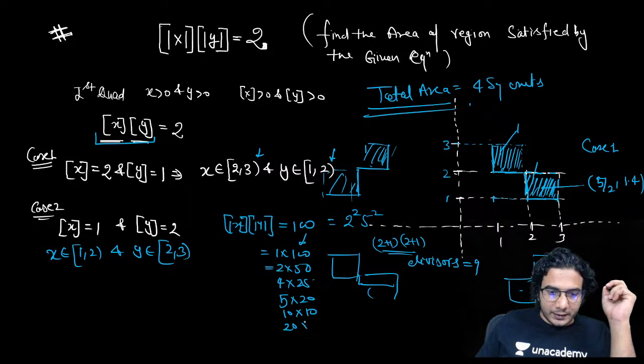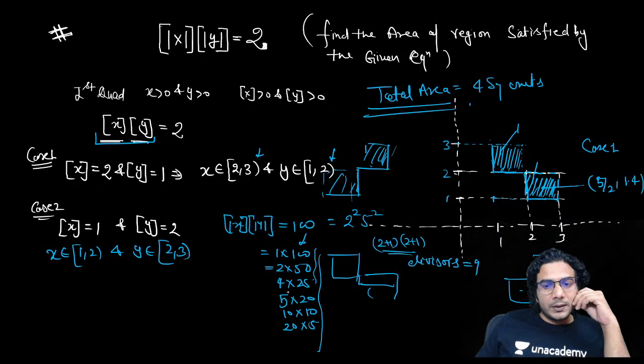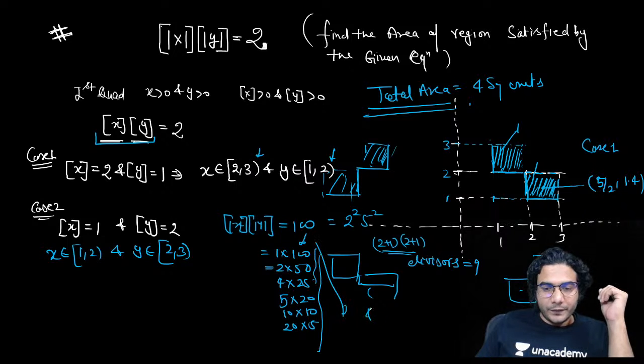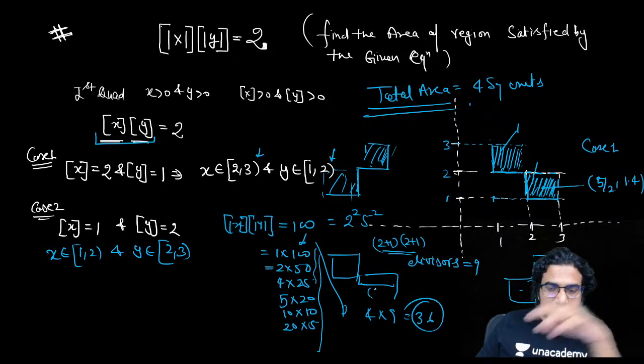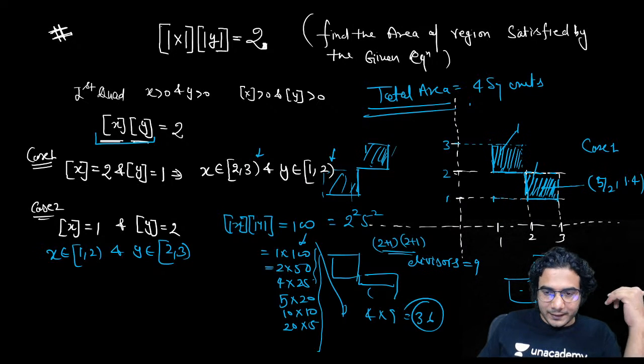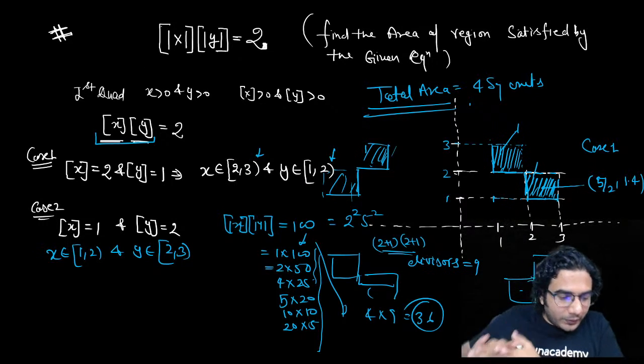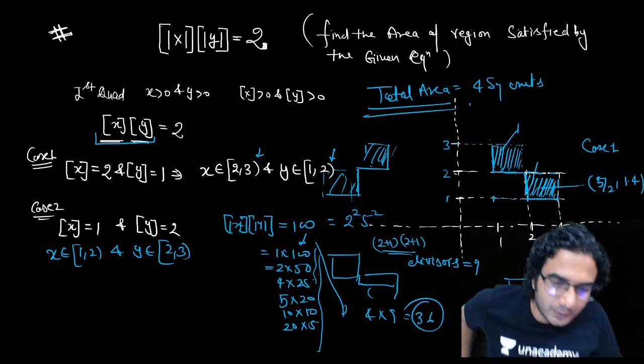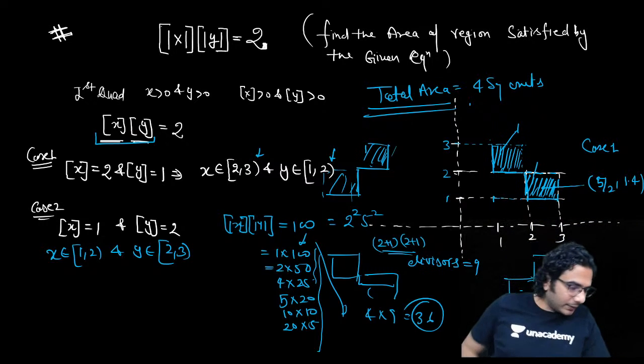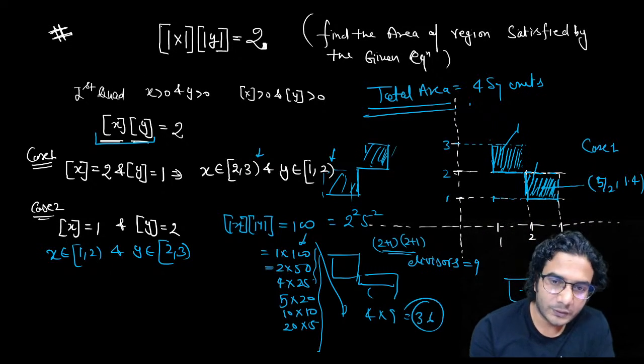Then it will repeat, 10 into 5, and so on in reverse. So total 9, right? So its area is going to be 4 into 9, 36, because 9 boxes will be in the first quadrant, 9 in the second, 9 in the third, and 9 in the fourth. Yes, very true. So in this way you can answer such questions.